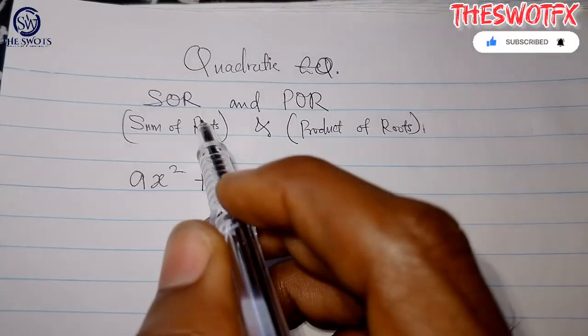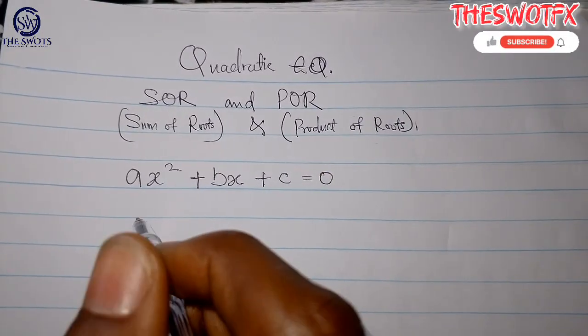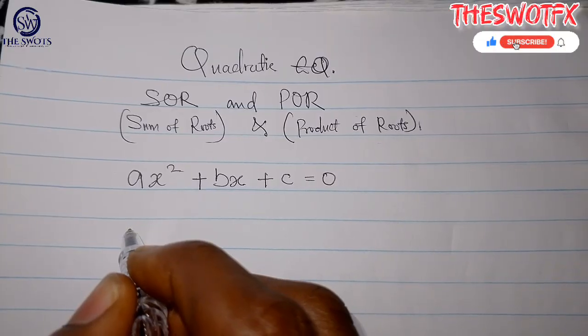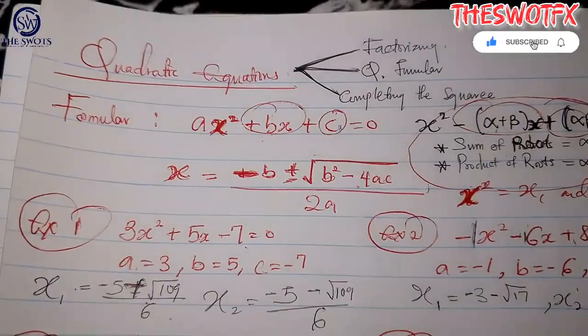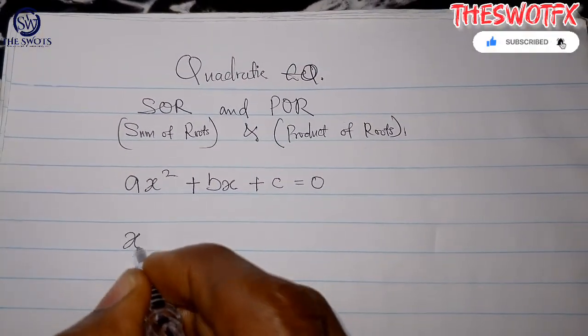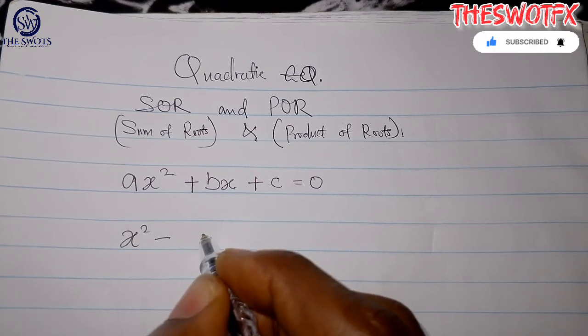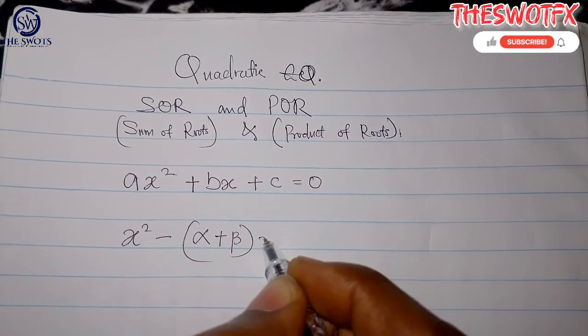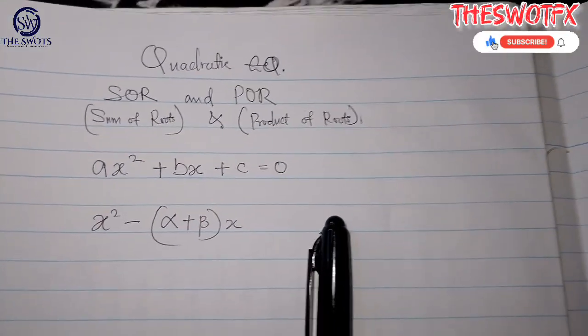Relating this to sum of roots and product of roots, we have it to be x² minus (alpha plus beta)x plus alpha beta equals 0.